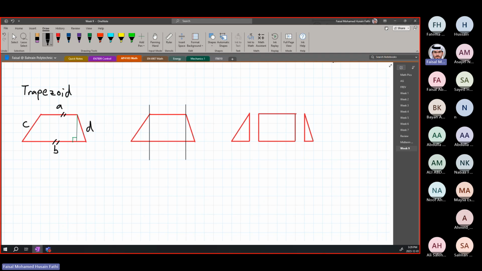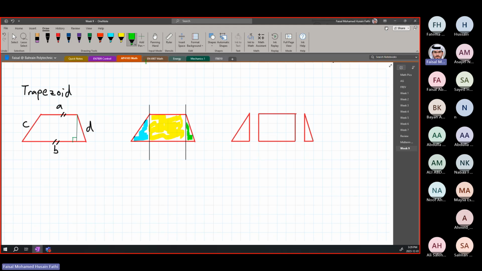So the way to explain the area here, how it's formed, there are multiple ways, but I believe this is the easiest way to understand. You can split this into three parts. Let's call this part one. This is the second part over here in the middle. And this is the third part.